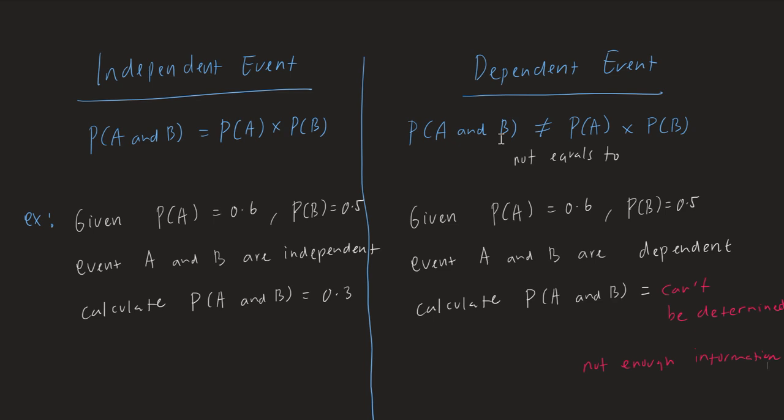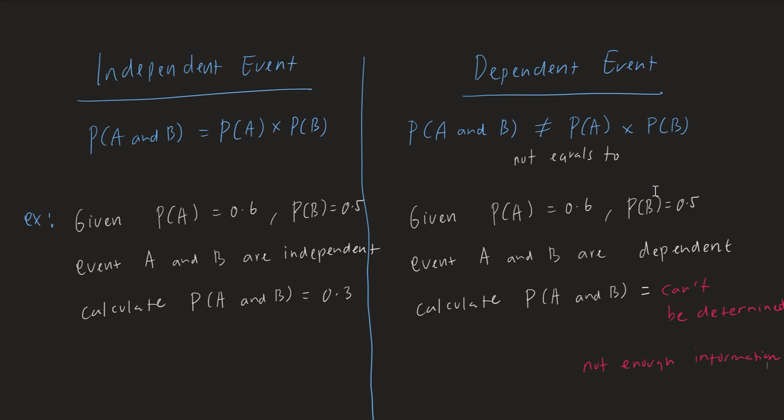The reason you can't do it: wouldn't probability of B given A be 0.5 times 0.6? Rivka, I gave you probability of B, not probability of B given A. Look at the symbol.